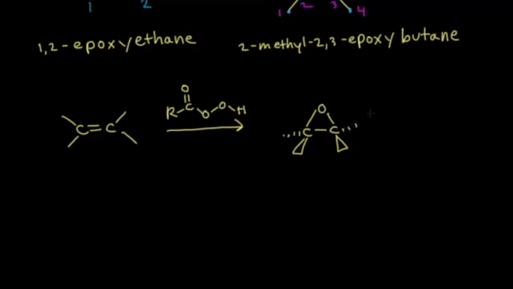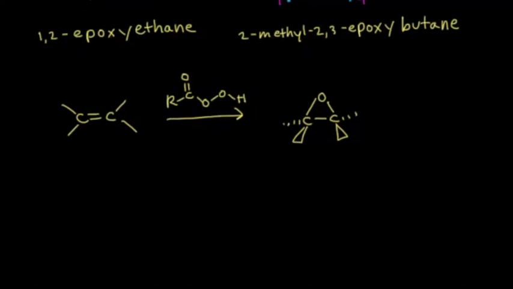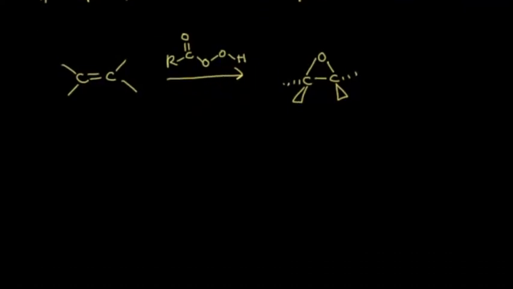So in this video we're going to cover another way to make epoxides, and that is using halohydrins. To make a halohydrin, you also start out with an alkene, and we also saw this mechanism in an earlier video. You add a halogen and water, and we're going to add bromine and water.